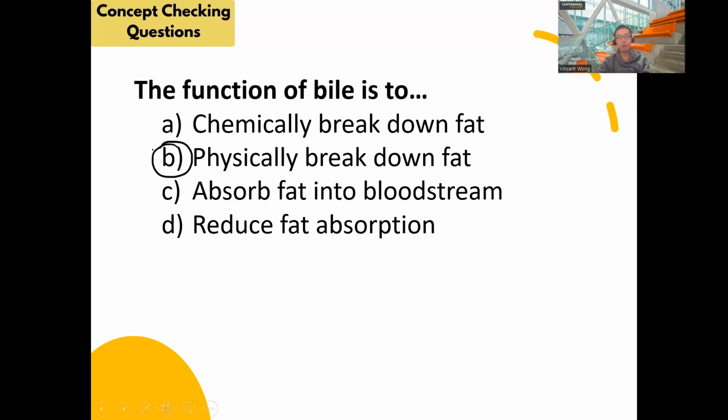It makes it into smaller droplets. You're not changing the chemical composition of the fat, right? That comes later with the lipase, right? Okay, so this is just physically breaking them down into tiny, tiny droplets so that the lipase will be able to gain access to it.